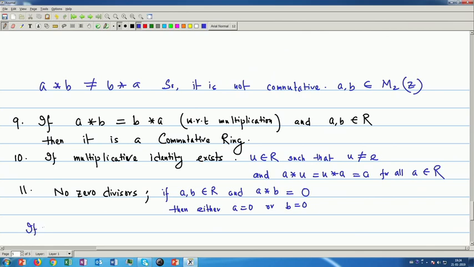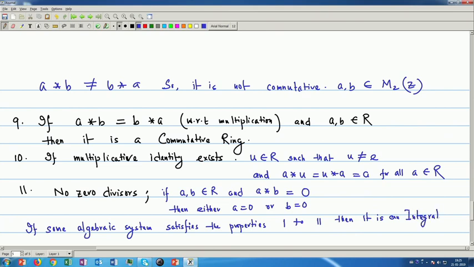So, if the algebraic system, or I can say the ring, satisfies the properties 1 to 11, then it is called an integral domain.